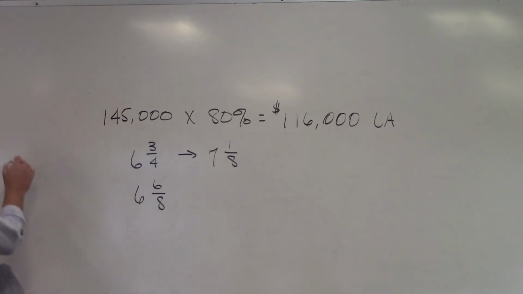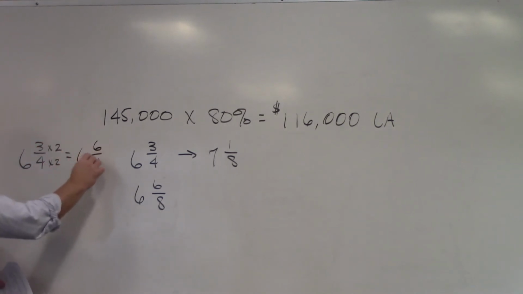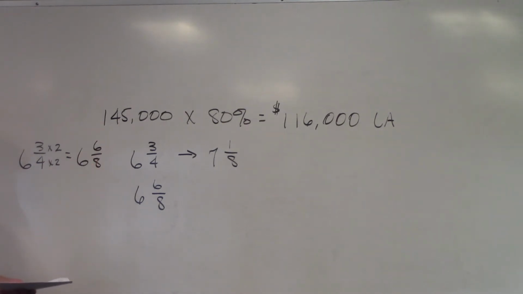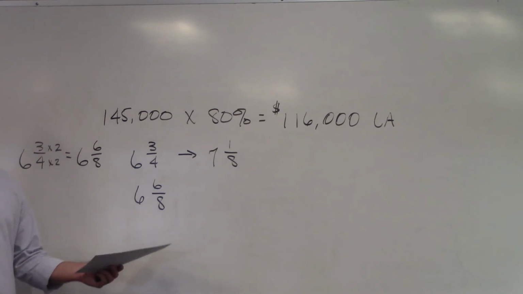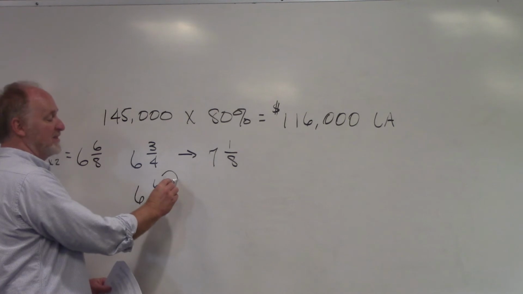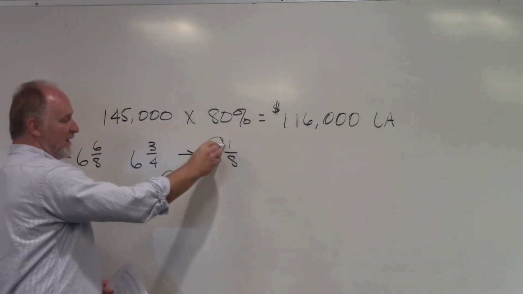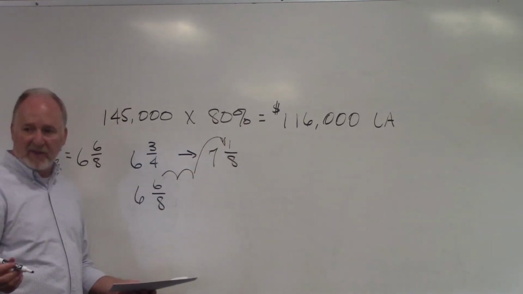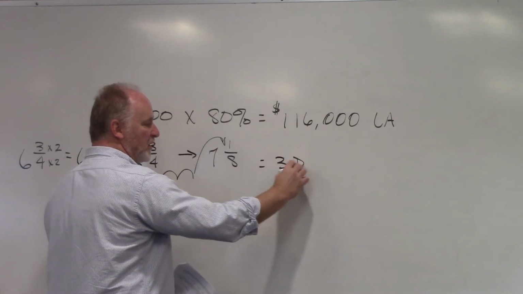Why 6 6/8? Whatever you had to do to the bottom number to make it 8, do also to the top. You're just finding the least common denominator, which is always going to be 8 when you're dealing with discount points. Okay? So if you're okay with getting to 6 6/8, at this point you could simply say, to get to 7 1/8, I had to go to 6 7/8, 6 8/8, which is 7, and then 7 1/8. So if you do the bunny hop method, you would notice that you have 3 discount points there. 3 eighths equals 3 discount points.